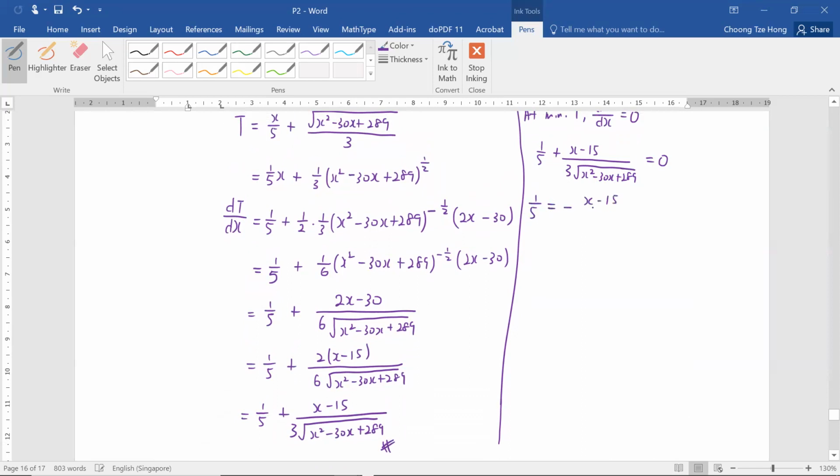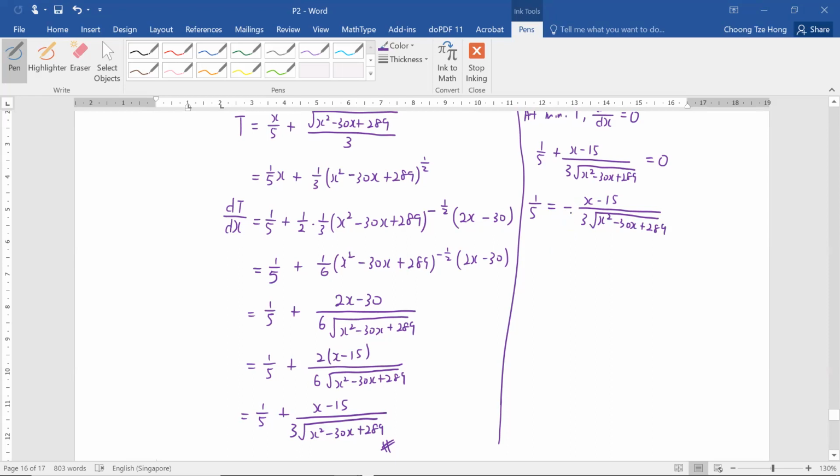Then we'll do cross multiplication. The negative sign, either you leave it on the top or you leave it at the bottom.